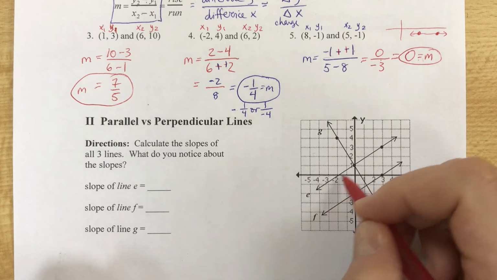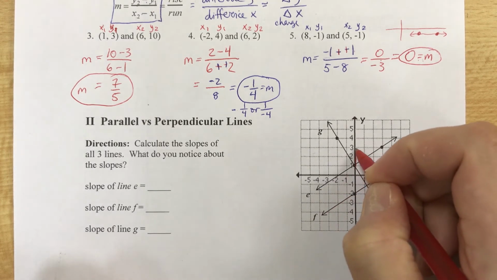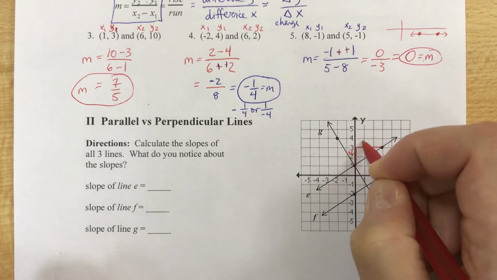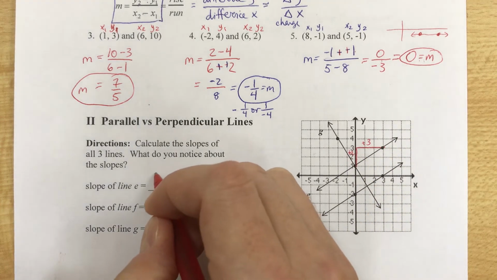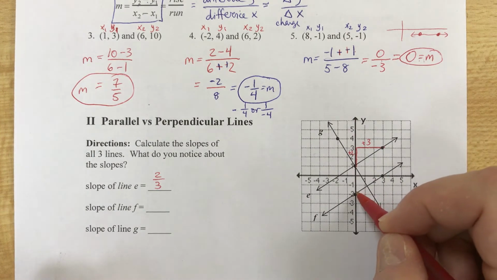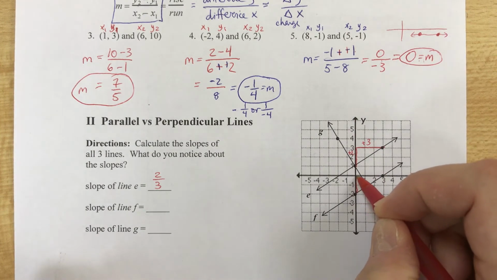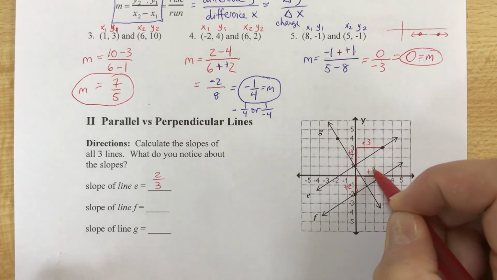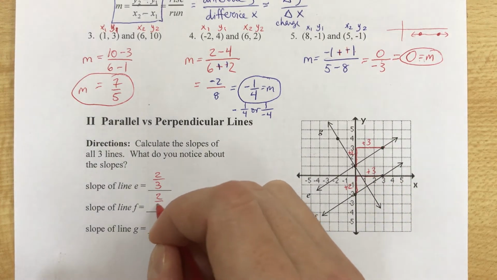If we count the slope for line E, we're going to rise 2 and run 1, 2, 3. So the slope of line E is 2/3. Notice the slope of line F, rise 2, run 1, 2, 3. Notice the slope of line F is also 2/3.